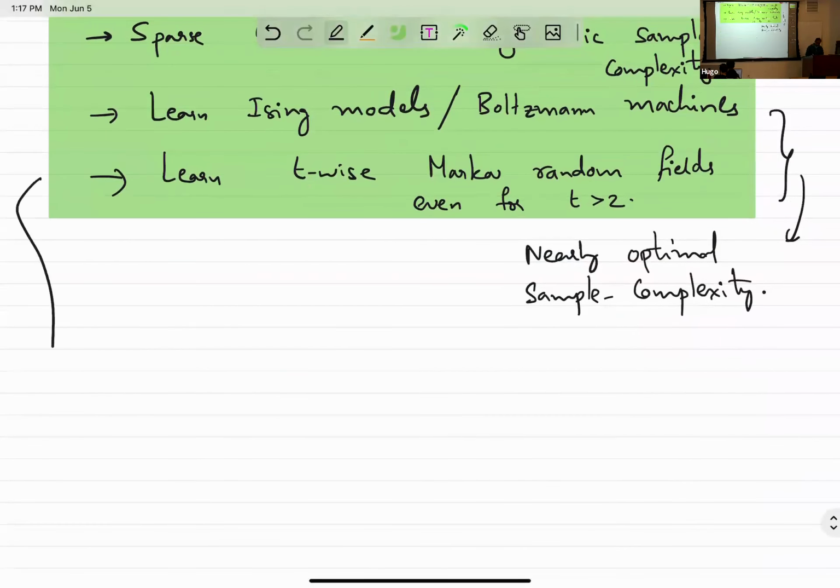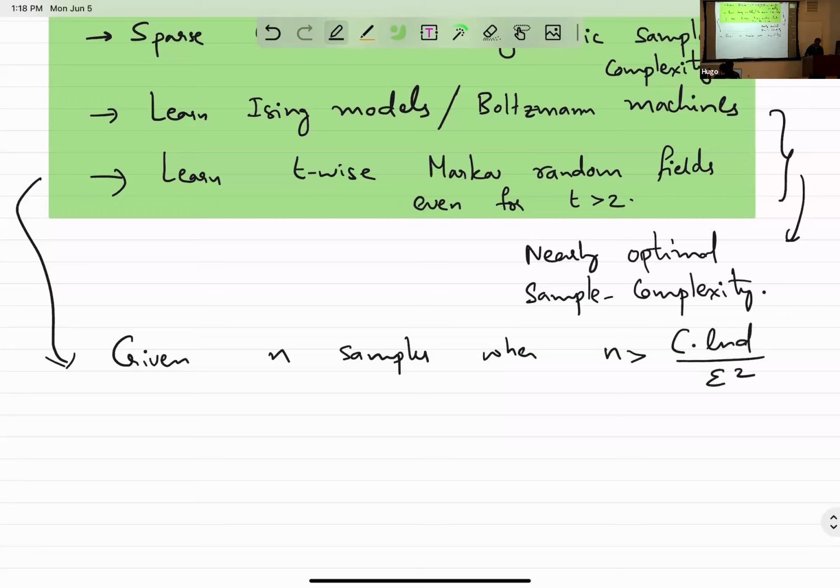In fact, you can state the bound so that it depends on the least value. So in some sense, if you actually look at our paper, what you get is, given n samples where n is greater than this, you find new approximate weights a hat ij.